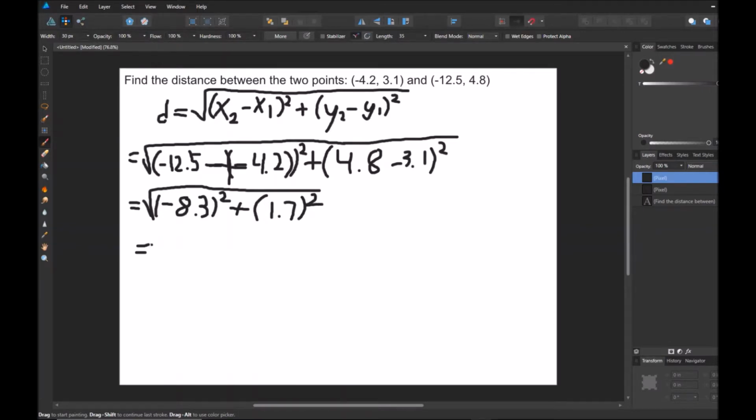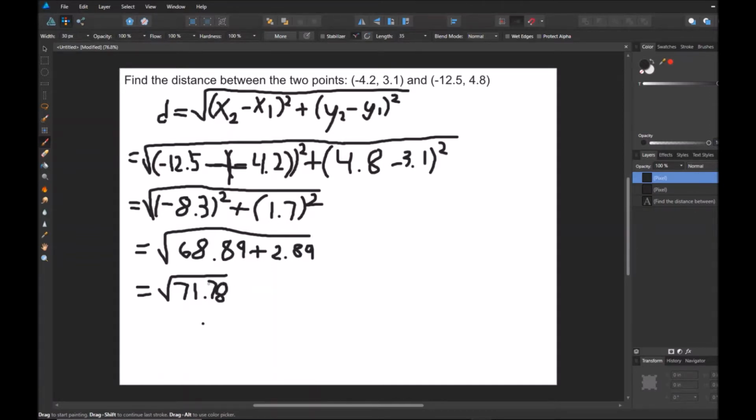Now negative 8.3 squared is 68.89. So this is going to be the square root of 68.89 plus 1.7 squared, which is 2.89. So this whole thing, 68.89 plus 2.89 is 71.78. So this is the root of 71.78.